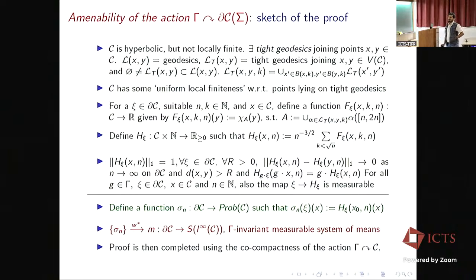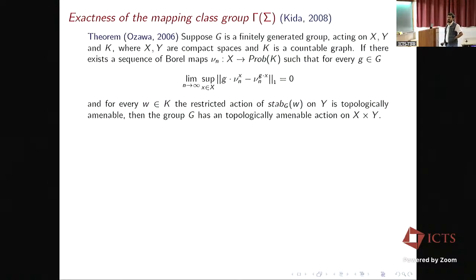So now the proof is completed using co-compactness of the action of the mapping class group on this curve complex. I won't go into the detail of that. So I will just briefly mention that these groups are also exact. That means they are also topologically amenable, mapping class groups.